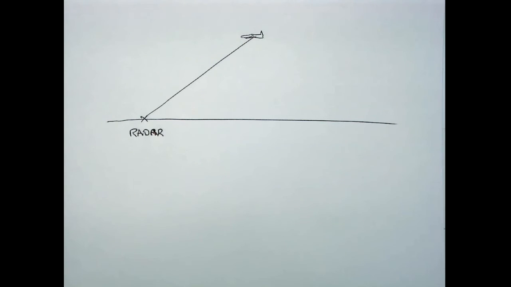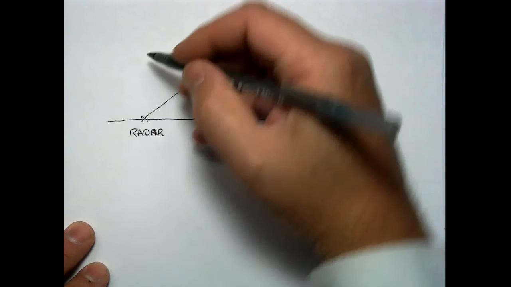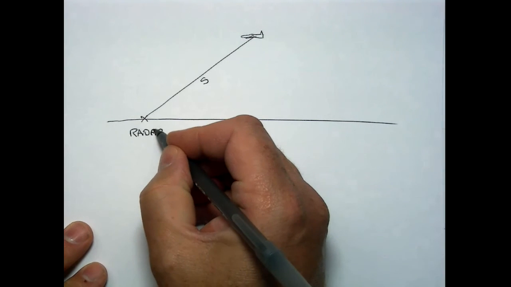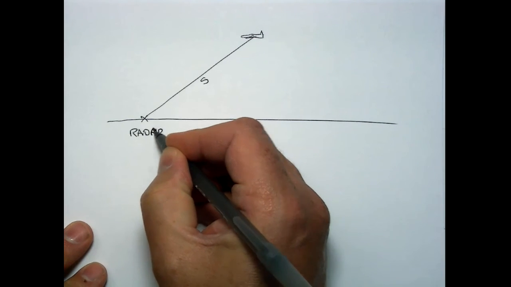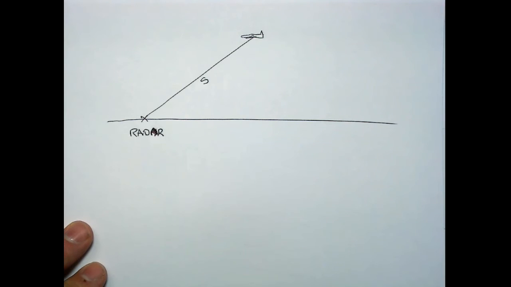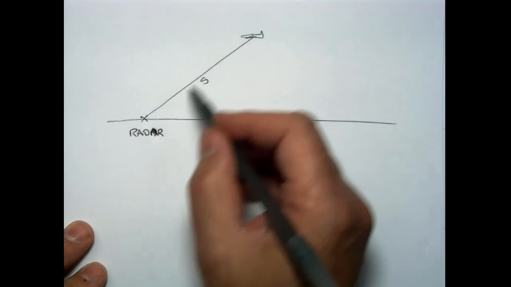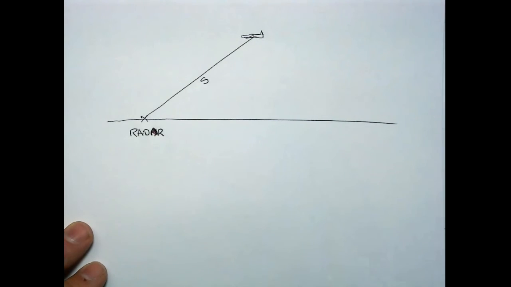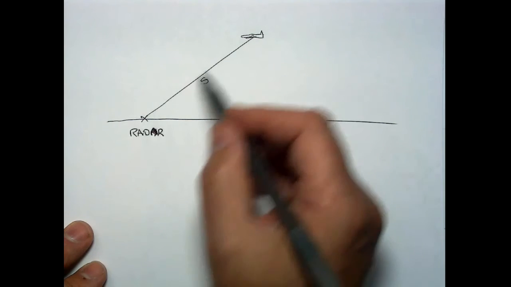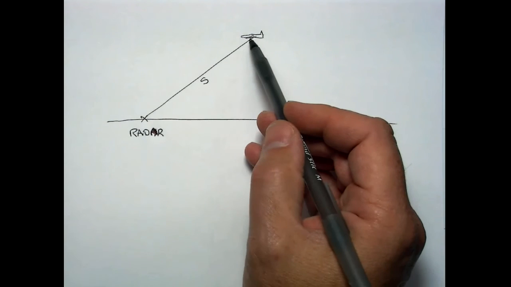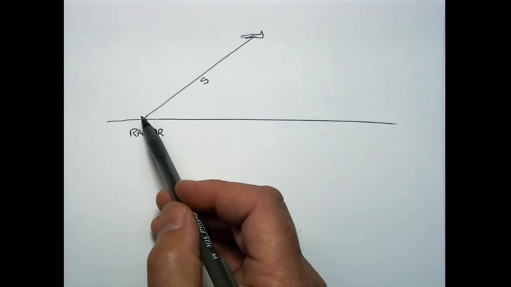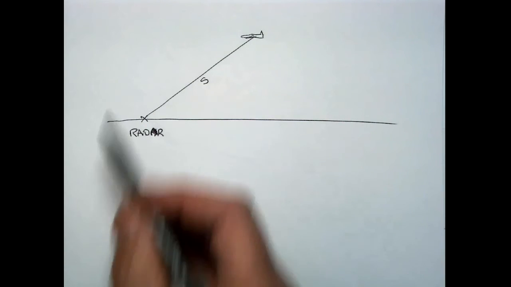And we're going to call this S. And what I want to be able to do is I want to know, can I use the radar down here to determine how fast the airplane is going? Now, radar can bounce off the aircraft and tell you exactly how far away the airplane is from that facility. It can also tell you how fast it is, but only how fast it is coming towards this facility, not how fast it's going this way.